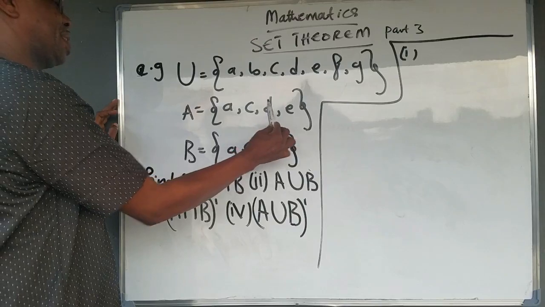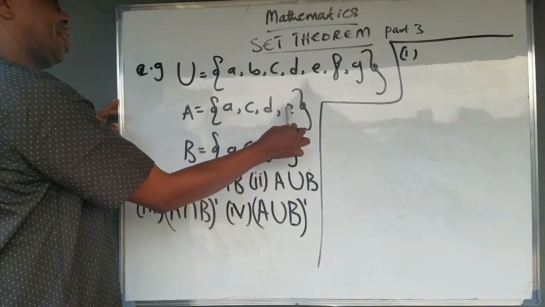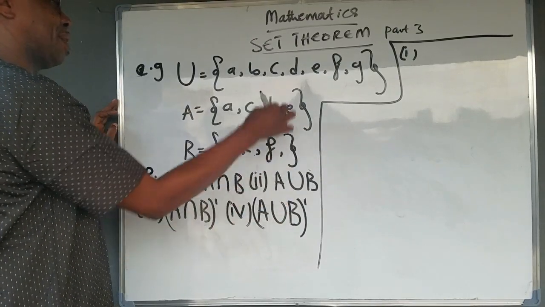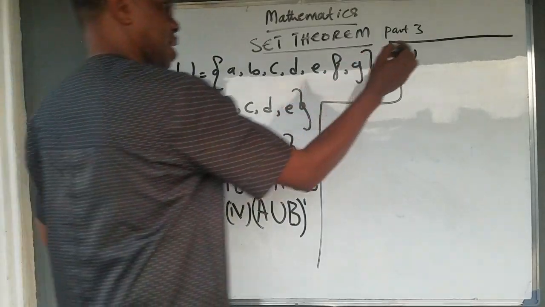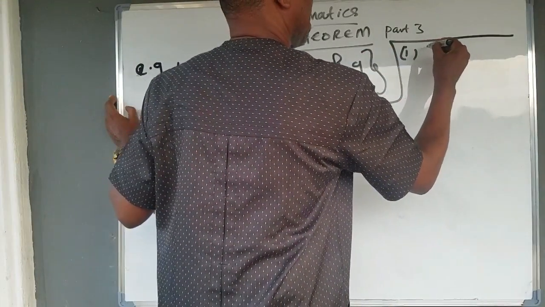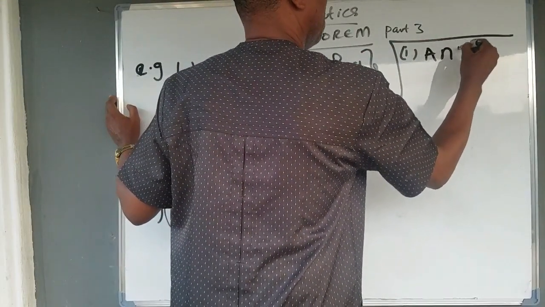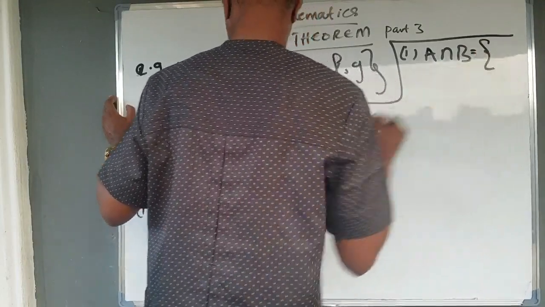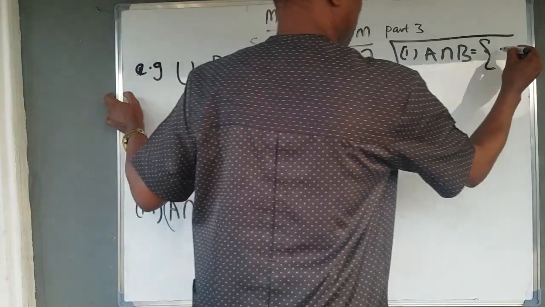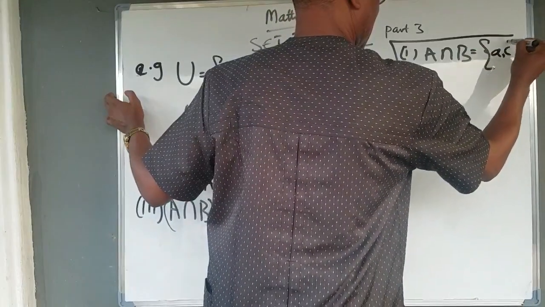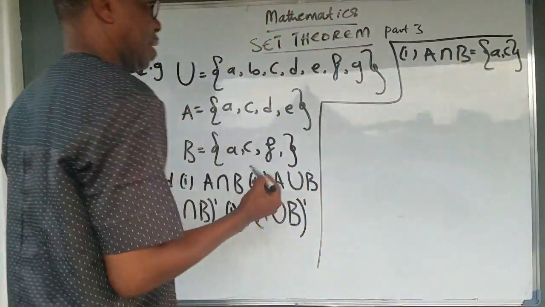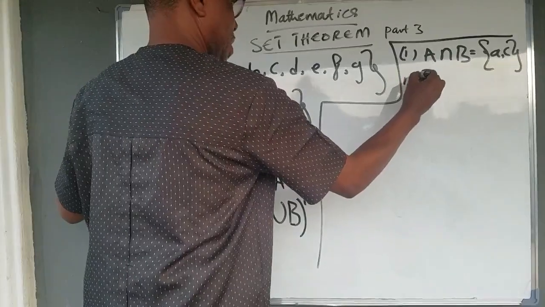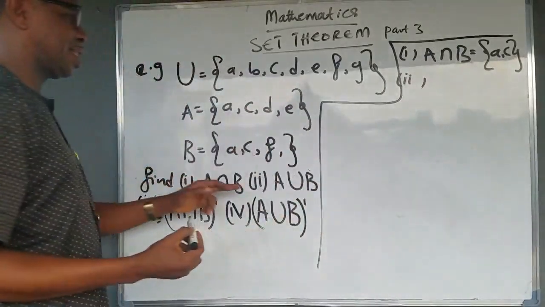But D is here, it's not here. E is here, it's not here. F is here, but it's not here. So A intersection B is simply A, C. Then question number 2 says, find A union B.